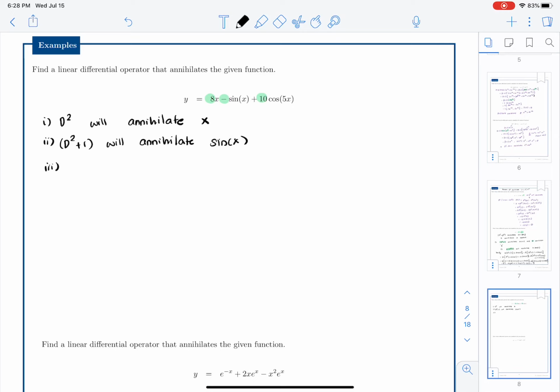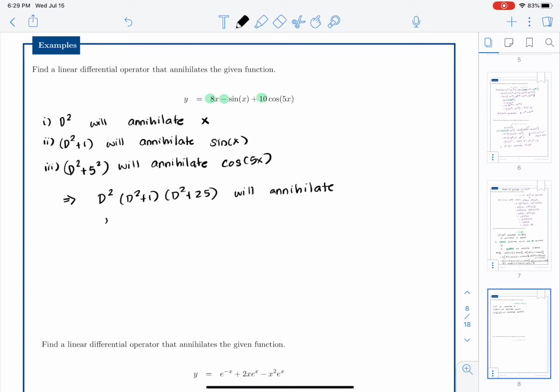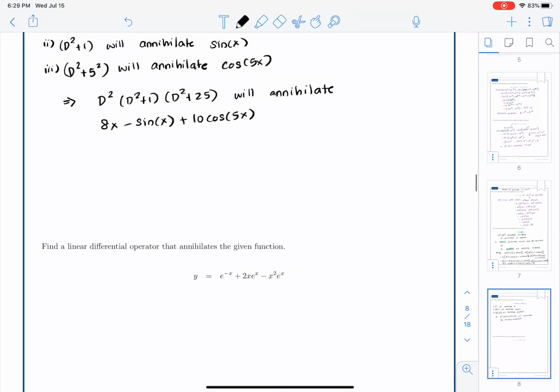Beta is 5 in this case, so D squared plus 5 squared will annihilate cosine 5x. This means D squared times D squared plus 1 times D squared plus 25 will annihilate 8x minus sine x plus 10 cosine 5x. You don't have to verify. I am very confident that this is going to work out, but if you have the time, you can verify.